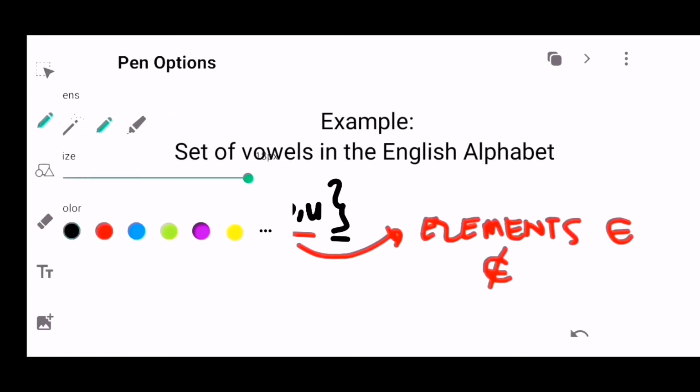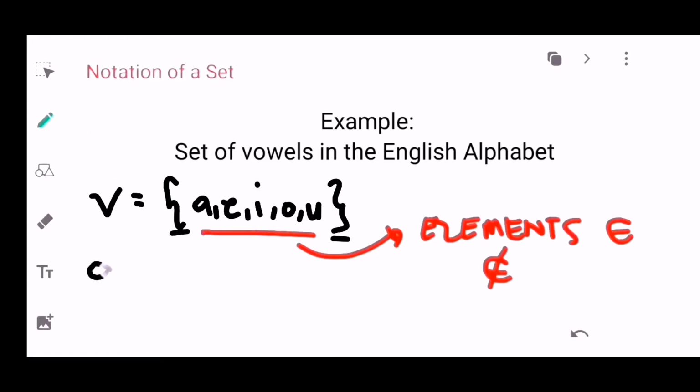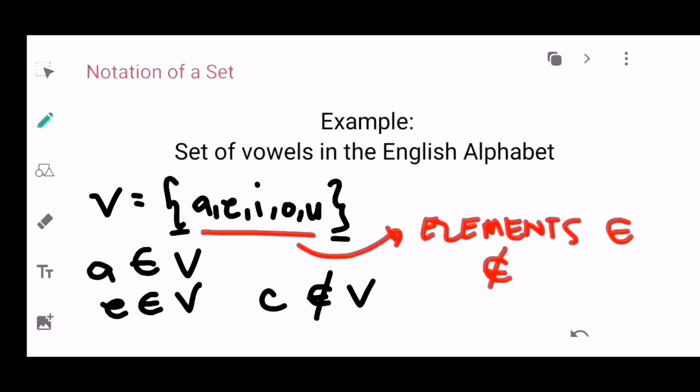So, for example, A is an element of set V. E is an element of set V. However, C is not an element of set V. That is how we show in symbols whether an object is an element or not.